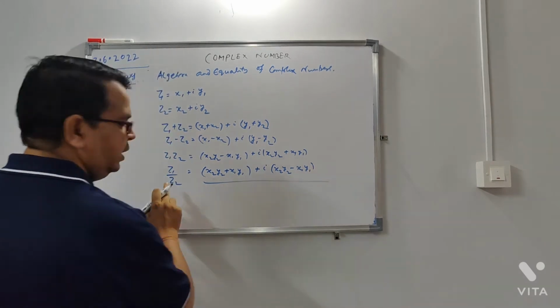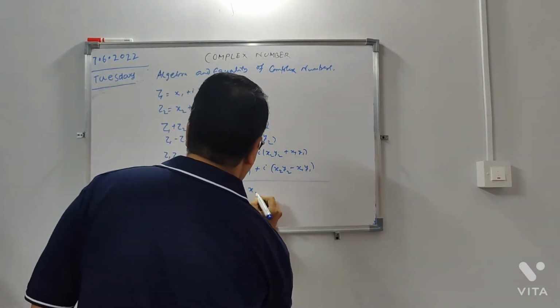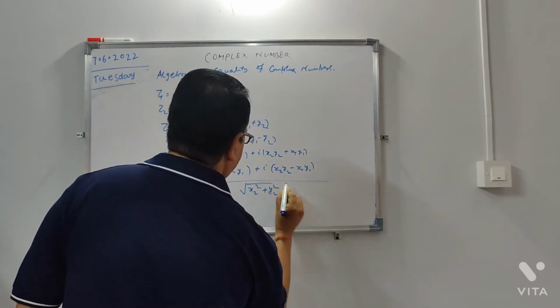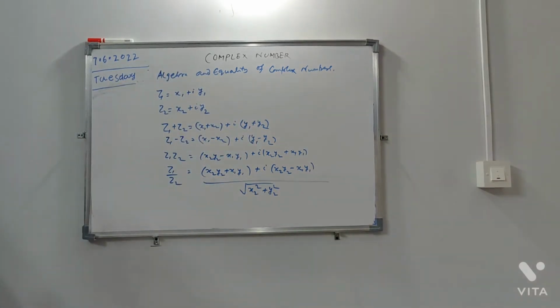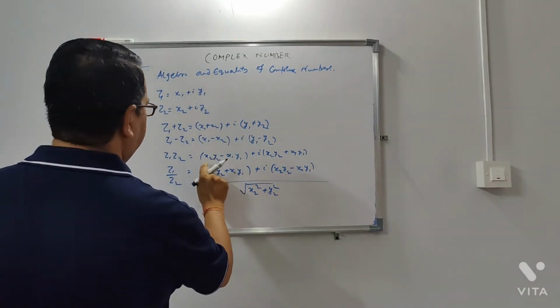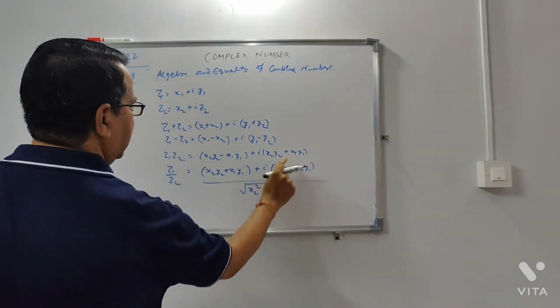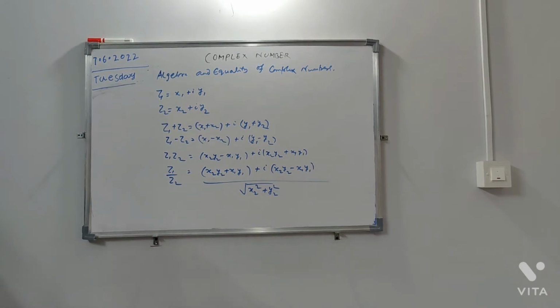Just remember this one, x2 square plus y2 square, of the second number. So this is my division. The only difference from multiplication is that whatever is coming with i will be the reverse of that. So that is my z1 by z2. There can be MCQs, so you just have to remember these things.